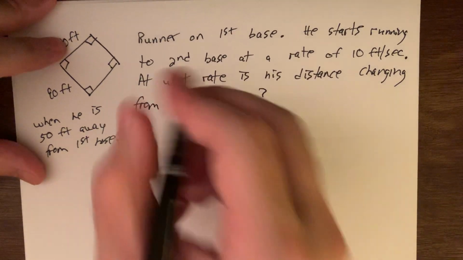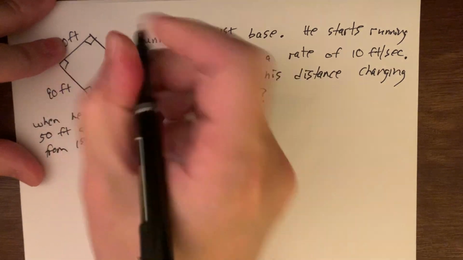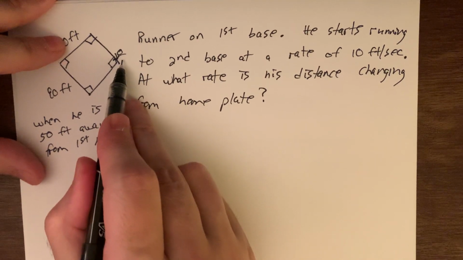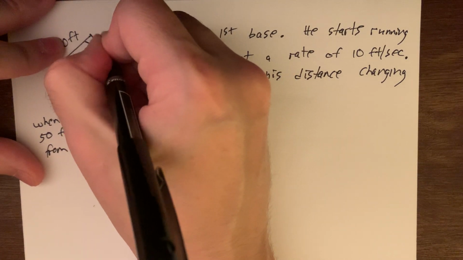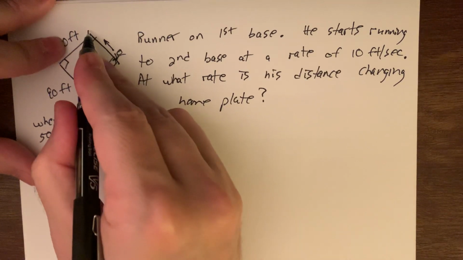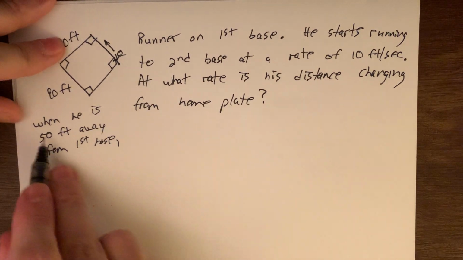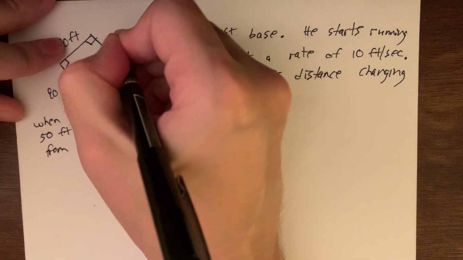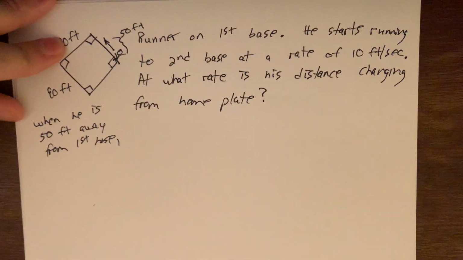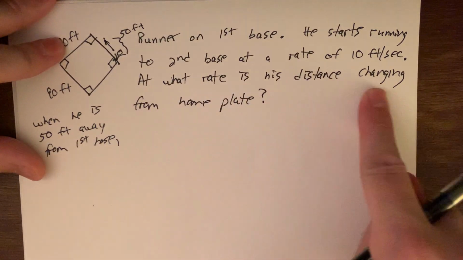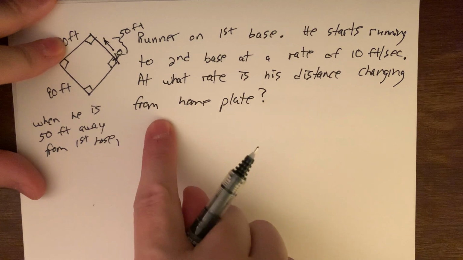So we have our picture. Here's our guy. Here's our runner on first base. He starts running to second base. As he's running along, when he is 50 feet away from first base, so from here to here is 50 feet, at what rate is his distance changing from home plate?